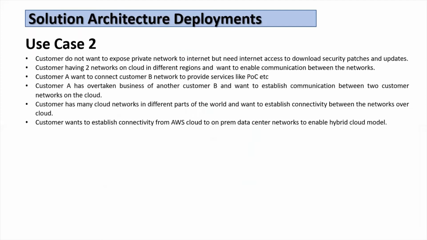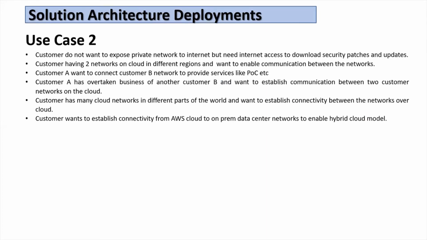Also, how to establish connectivity from the AWS cloud towards the customer on-premise data center or another customer's data center, enabling a hybrid cloud model. These are the different use cases that will be discussed, and how we are enabling connectivity using the AWS services that we are going to discuss in this use case.